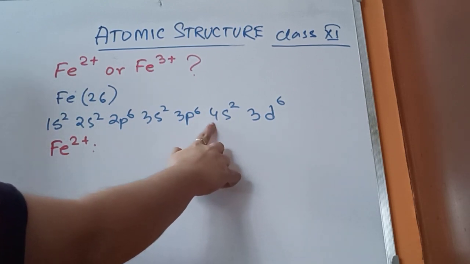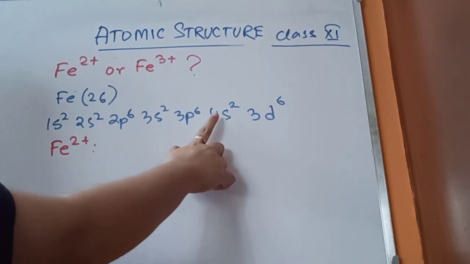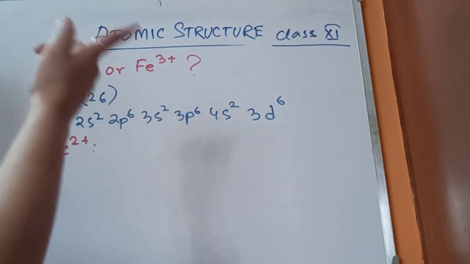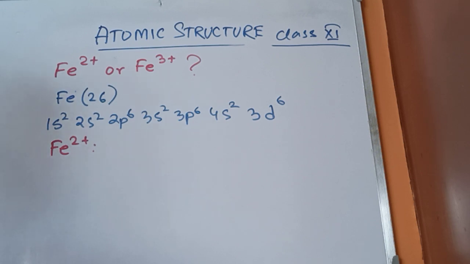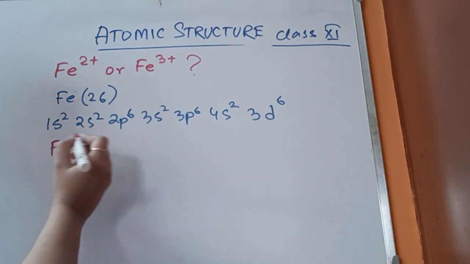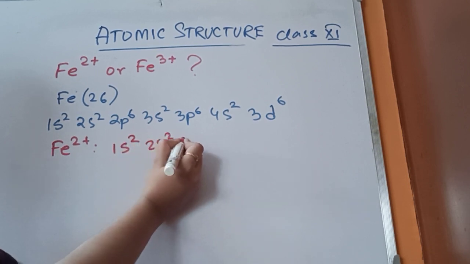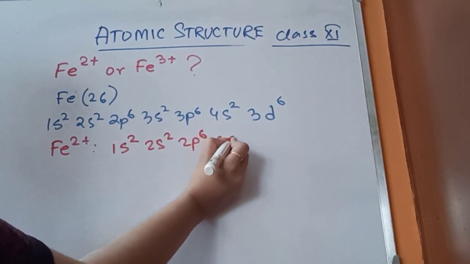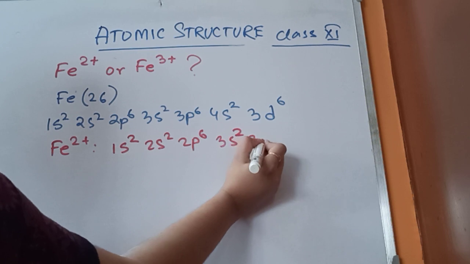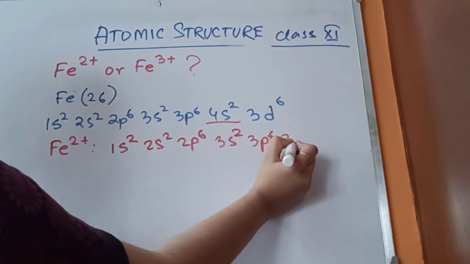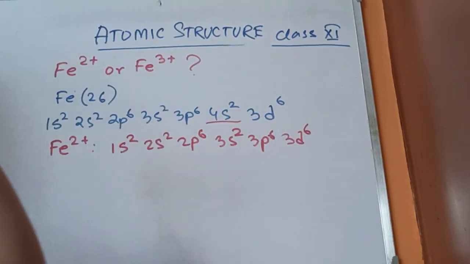The fourth shell is the valence shell. So electrons will be first removed from 4s and then from 3d. So if I consider the electronic configuration of Fe2+, what will it be? 1s2, 2s2, 2p6, 3s2, 3p6, 2 electrons are removed from 4s and we have 3d6.